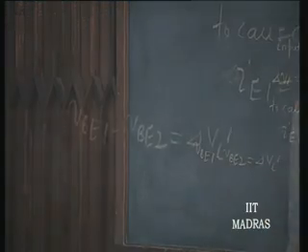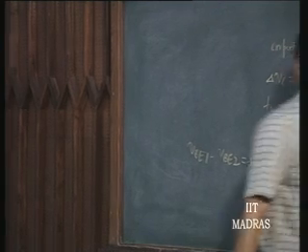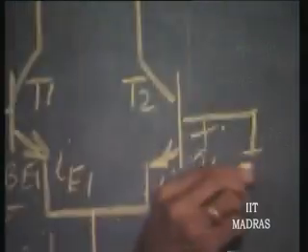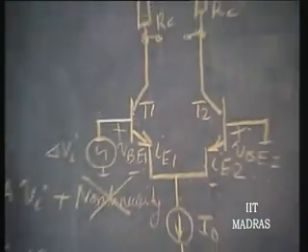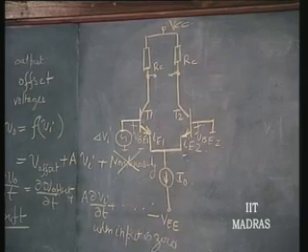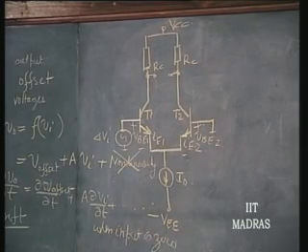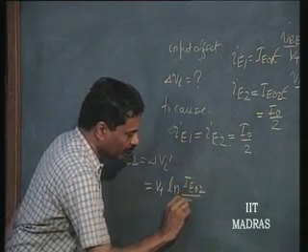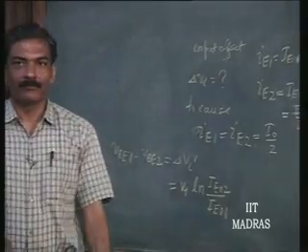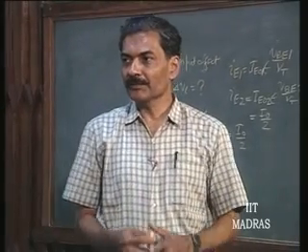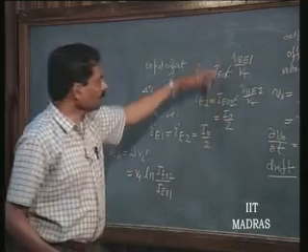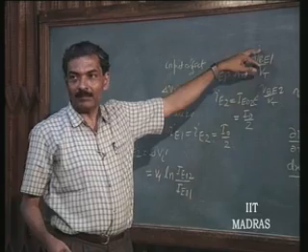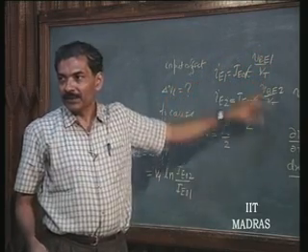Delta VI is nothing but VBE1 minus VBE2, and that is nothing but how much? Take the ratio, VT log IE02 by IE01. Is this point clear? Take the ratio here, the currents are equal, so this becomes 1. IE02 by IE01 is equal to exponent VBE1 minus VBE2 by VT, and therefore it is VT log.